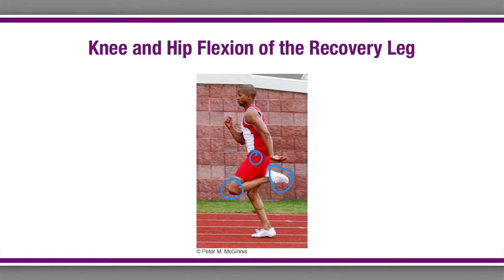So basically, if you reduce your moment of inertia with that recovery leg as quickly as you can, that is going to allow you to essentially have more turnover, right? So your contact time of this foot on the ground is going to reduce, and thereby reduce the other, so that you will ultimately be running at a faster pace.